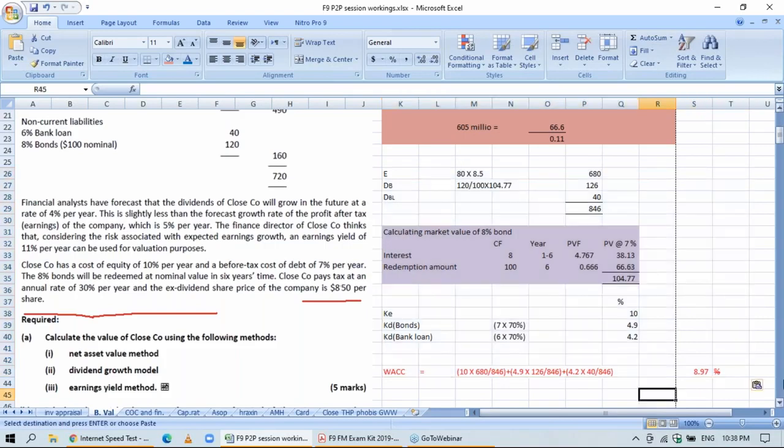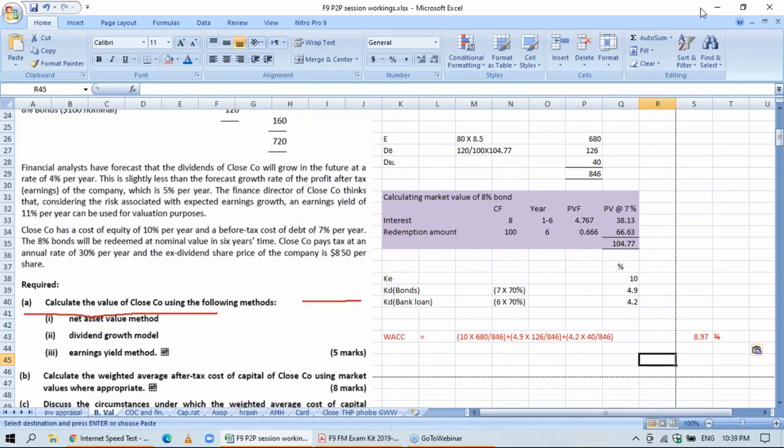Let me explain the working directly. First, I calculated the market value of equity. Market value of equity is 80 million shares into $8.5, which is the market price given over here. Gives you the 680 million market value.